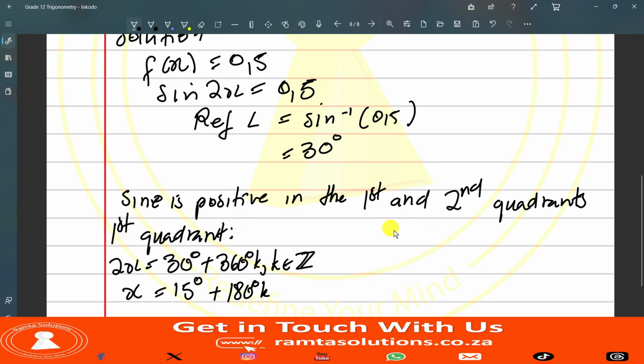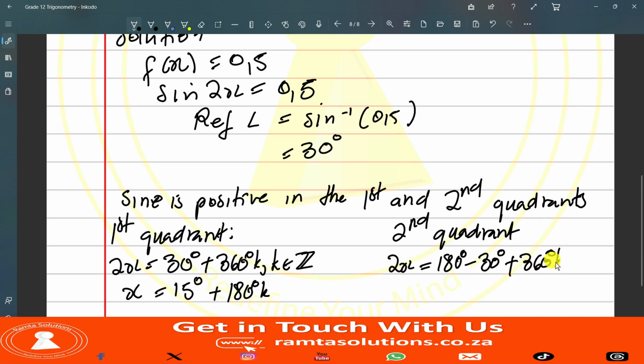Now let's go to the second quadrant. For the second quadrant, we have, once again, 2x equals, second quadrant, we work with 180 degrees minus. So here, it'll be 180 degrees minus the reference angle, which was 30 degrees, plus 360 degrees k, where k is an element of an integer.